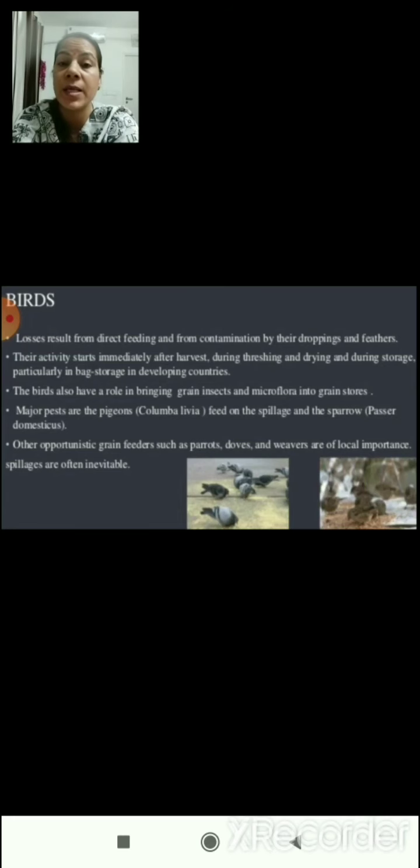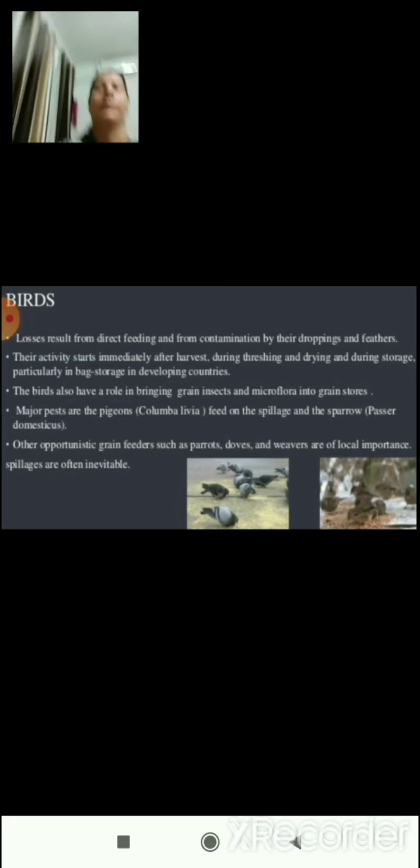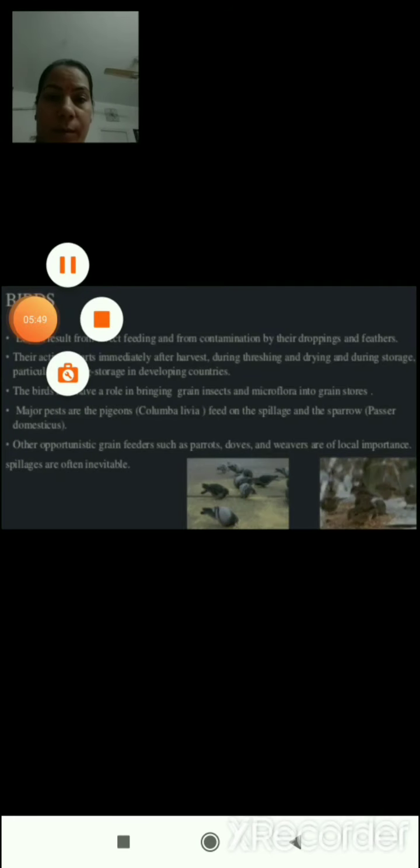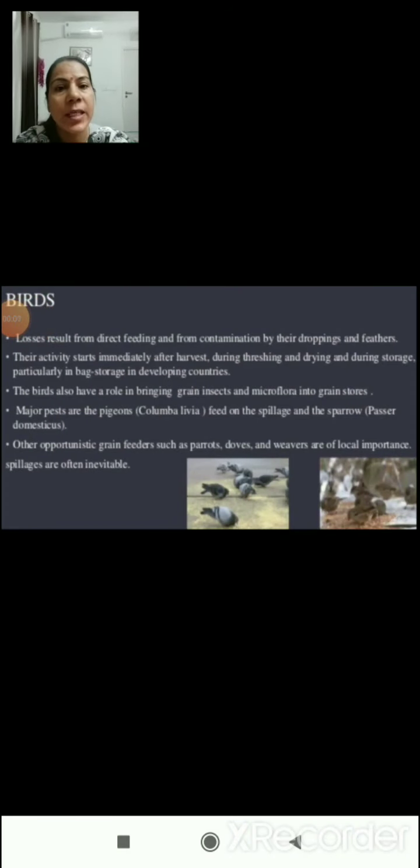Major pests are the pigeons, and the scientific name of pigeon is Columba livia. These pigeons feed on the spillage, and the sparrow, which is also known as Passer domesticus, also feeds on this grain and can result in damage of grain.